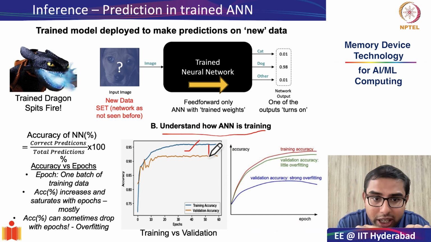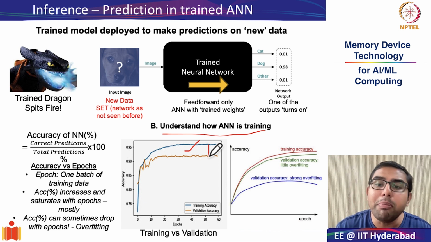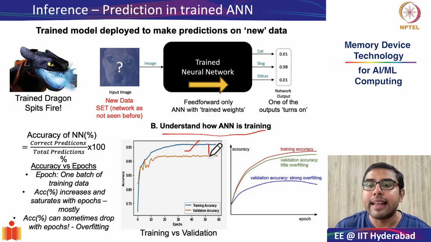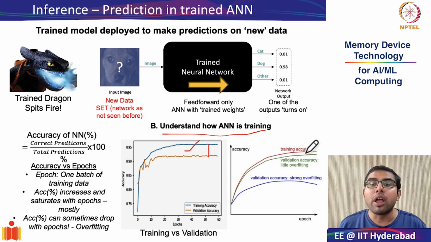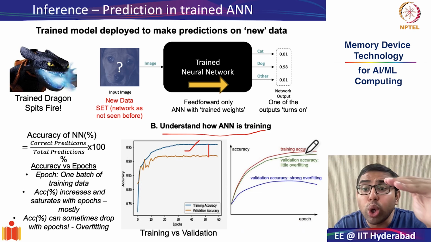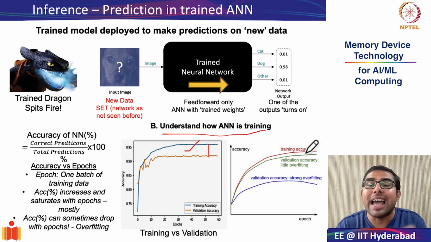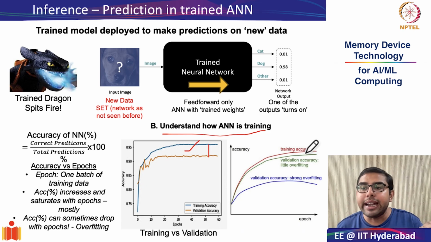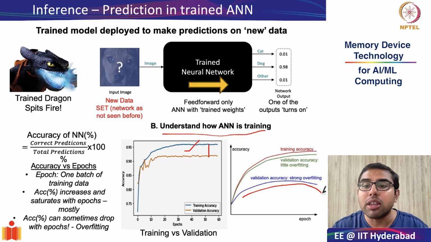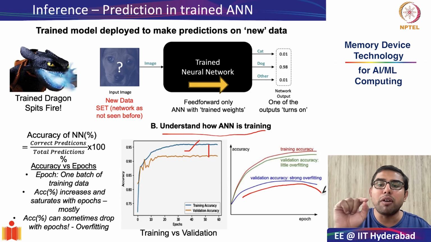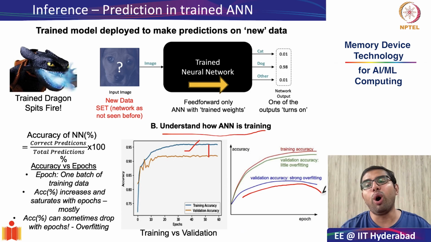But as you can see in this particular figure, sometimes it so happens that a gap starts forming between the training and the validation accuracy. If validation accuracy is very close to training accuracy, we have very little overfitting. We will define what that is. But if the validation accuracy stops improving or even substantially reduces with the number of epochs, this is a very clear sign of overfitting.